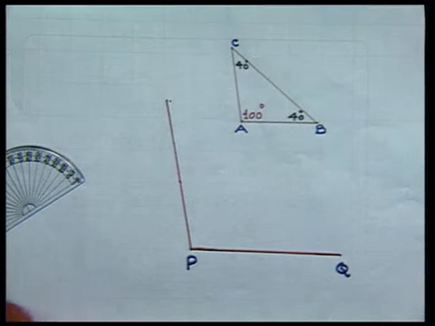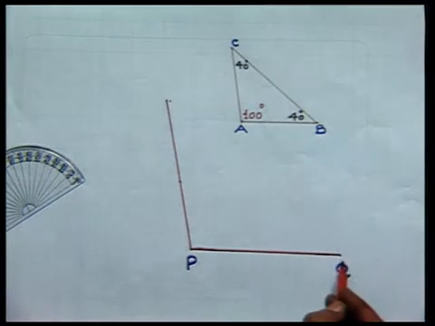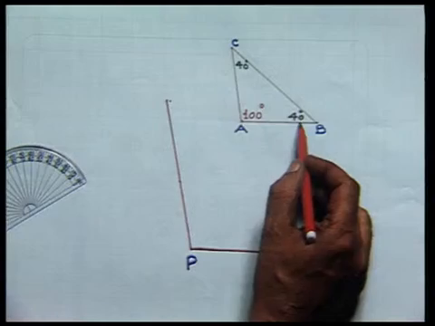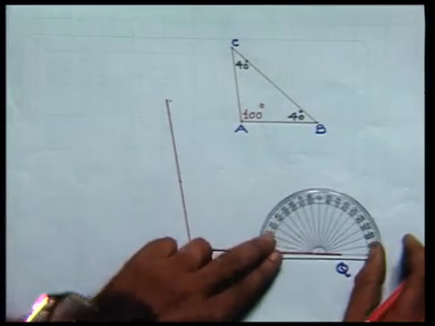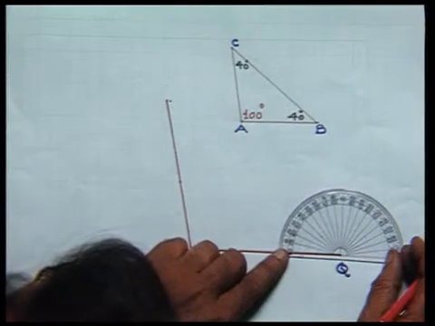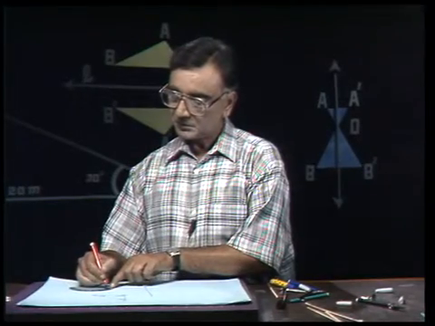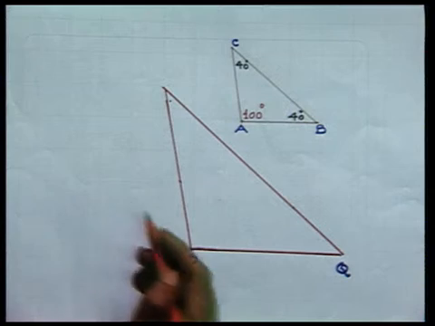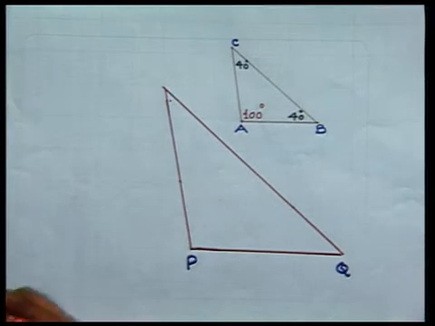And taking the correspondence of point B with point Q, at B we have an angle of 40 degrees. So at Q I will make an angle of 40 degrees. Let's name this point as R.